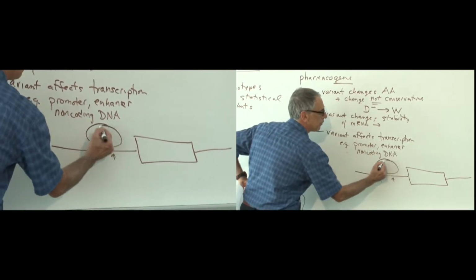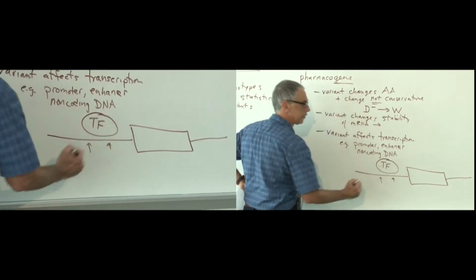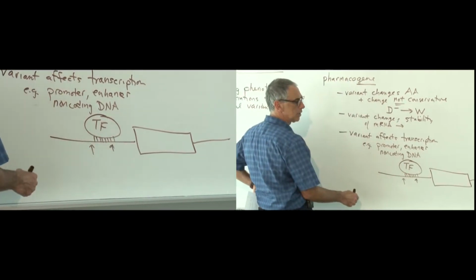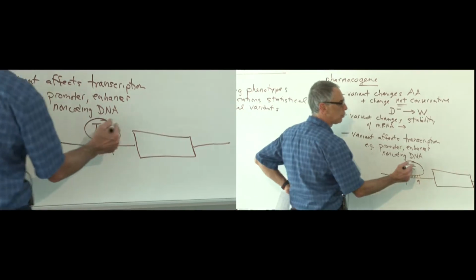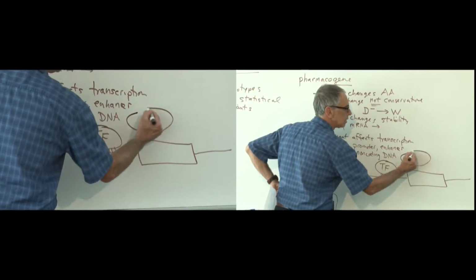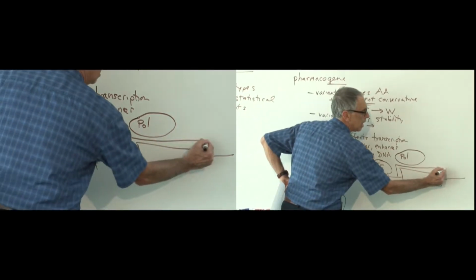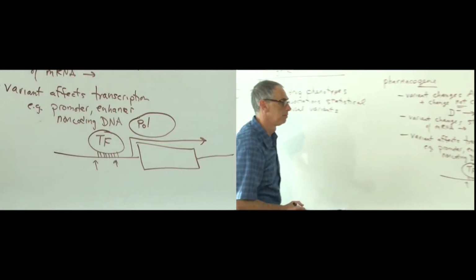A transcription factor, we'll call it TF for transcription factor, recognizes a certain DNA sequence, and recruits the polymerase, which I'll just call Pol, to start making an mRNA transcript.